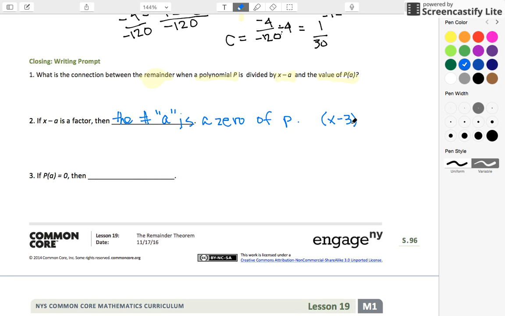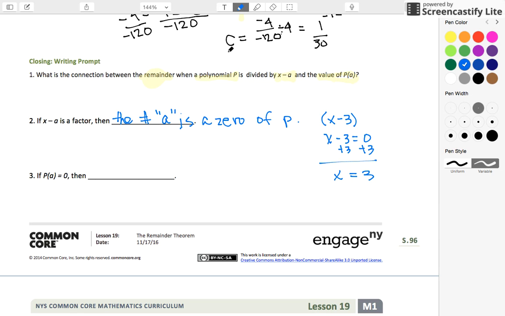So we have x minus 3 as a factor. Then we can say the number a, so in this case 3, is a 0 of p. And you already know that. If we set x minus 3 equal to 0, and you add 3 and you add 3, we get x equals 3. So we can say x equals 3 is a 0 of that function.